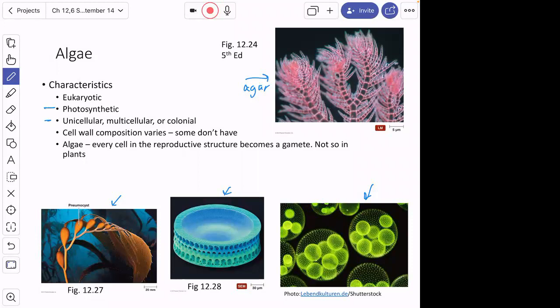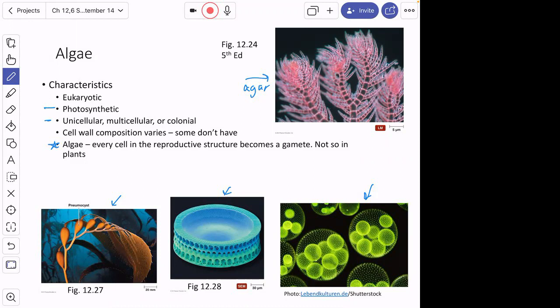But the main idea, in case you're interested, FYI, is that for algae, every cell in the reproductive structure has the potential to become a gamete. It has the potential to start a new organism, whereas in plants, there are parts of the reproductive structures that don't become gametes. So in case you wondered, that's the difference.